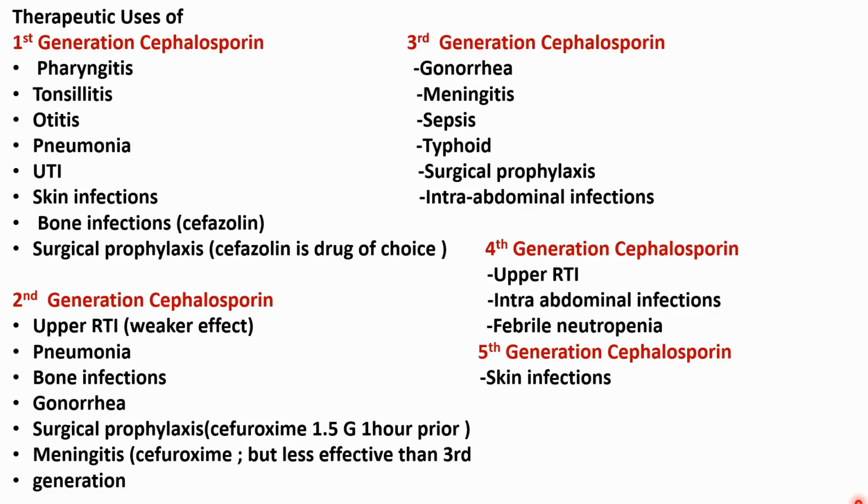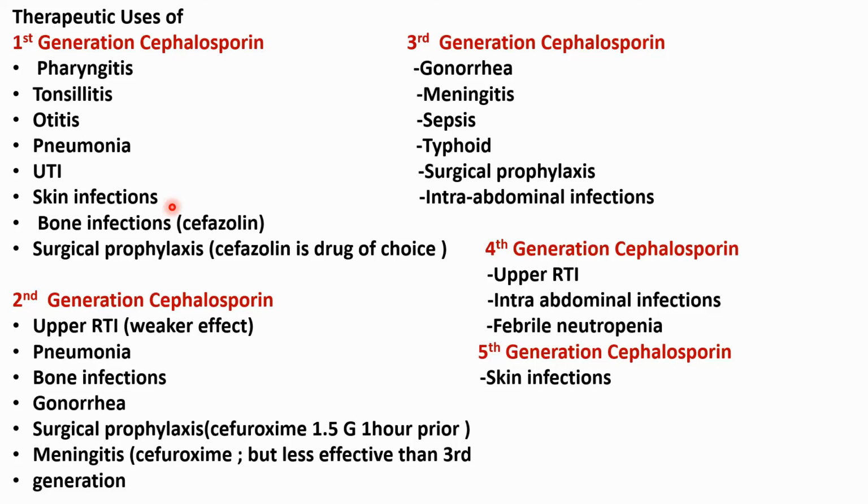The uses are classified according to the generation. Here you can see the therapeutic uses of first generation, second generation, third, fourth and fifth generation cephalosporin. First generation cephalosporins are mostly used against pharyngitis, tonsillitis, otitis, pneumonia, urinary tract infection, skin infection, bone infection, and surgical prophylaxis.